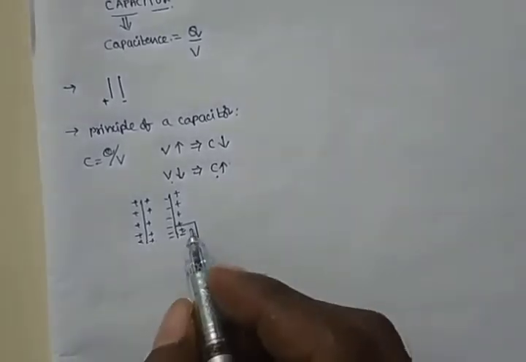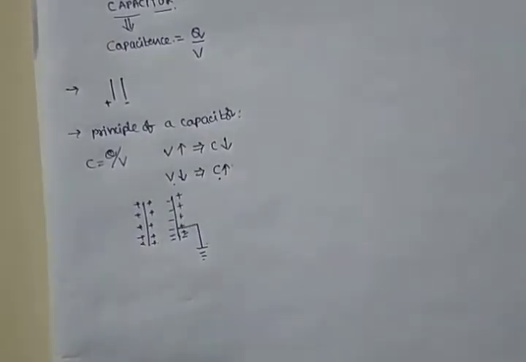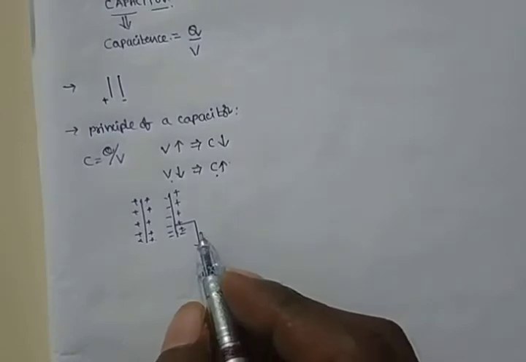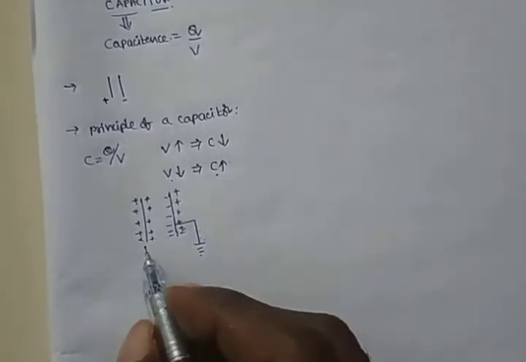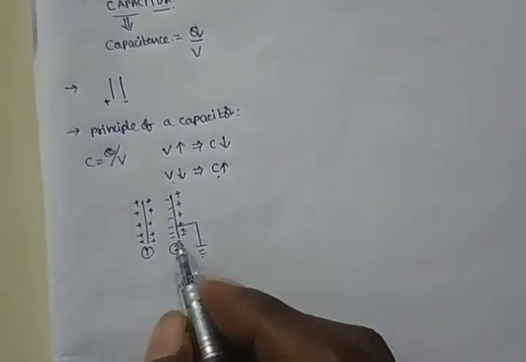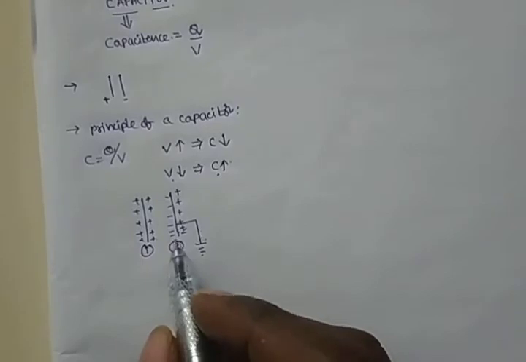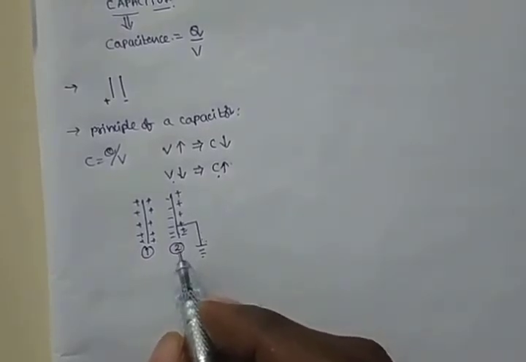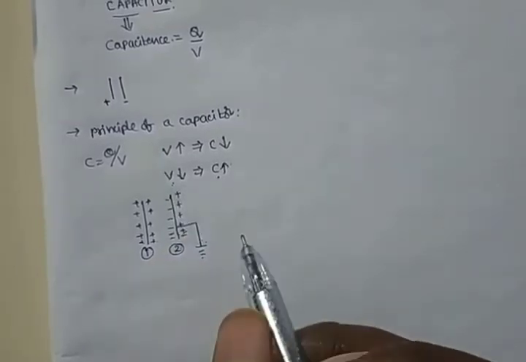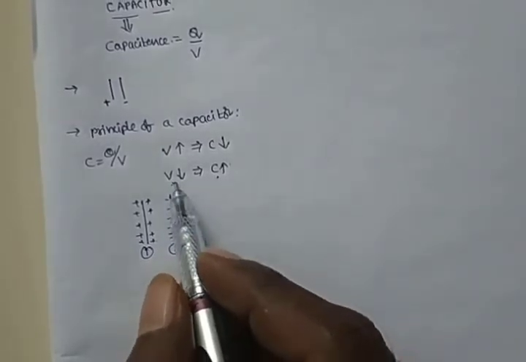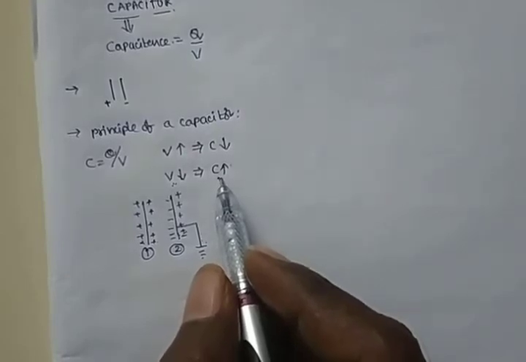When it is connected to earth, all the positive charge will transfer to earth, so that it becomes neutral. On the surface of the second plate, only the negative charge will be present. This negative charge produces a decrease in potential, and due to this decrease in potential, the capacitance of the capacitor will be increased.